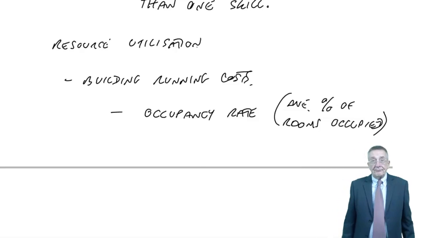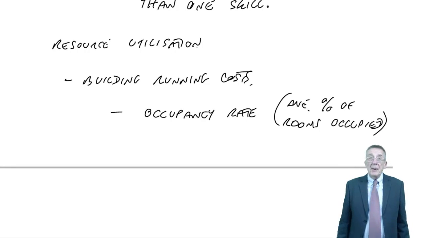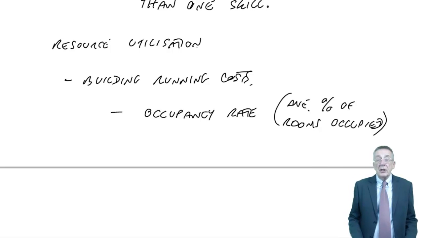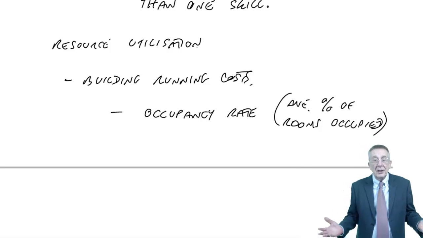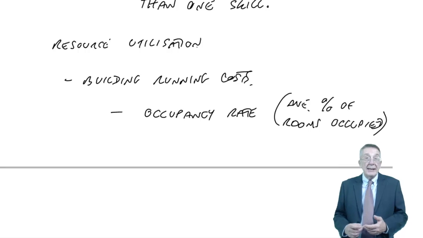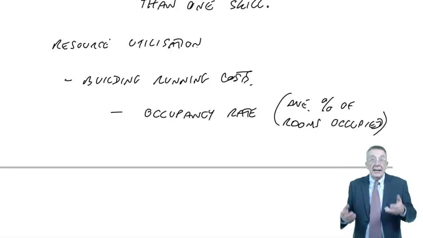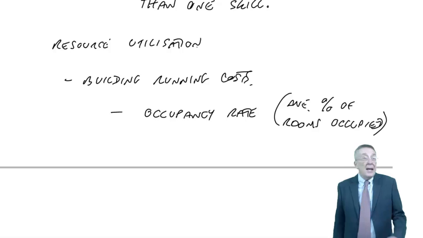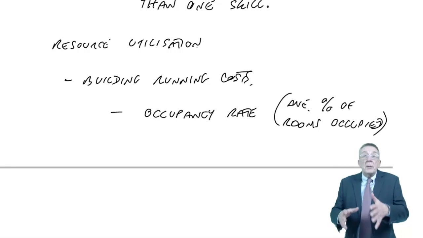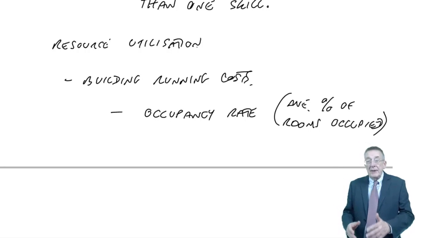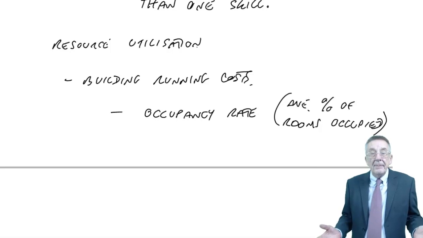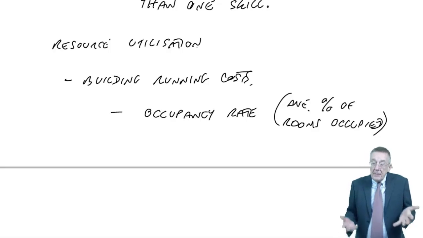And the higher the percent, the better. 100% occupation, we're using the resources as efficiently as possible. 10% average occupation, something's terribly wrong. And I think all hotels keep a record of their occupancy rate. Obviously, they're up and down day to day, but overall they want to get it as high as they can. Airlines do, all airlines do. The occupancy rate in the plane, because what they're aiming for, the ideal would be to always have the aeroplane 100% full. The nearer we can get to that, the better.